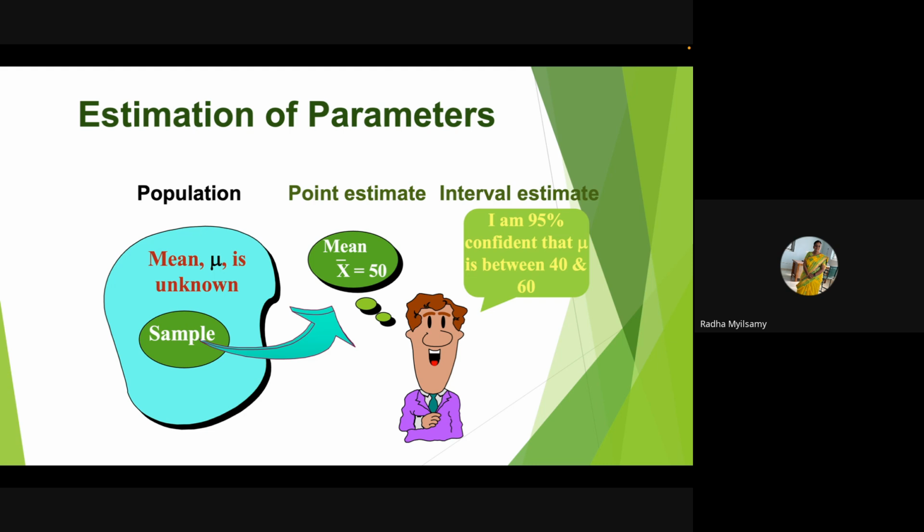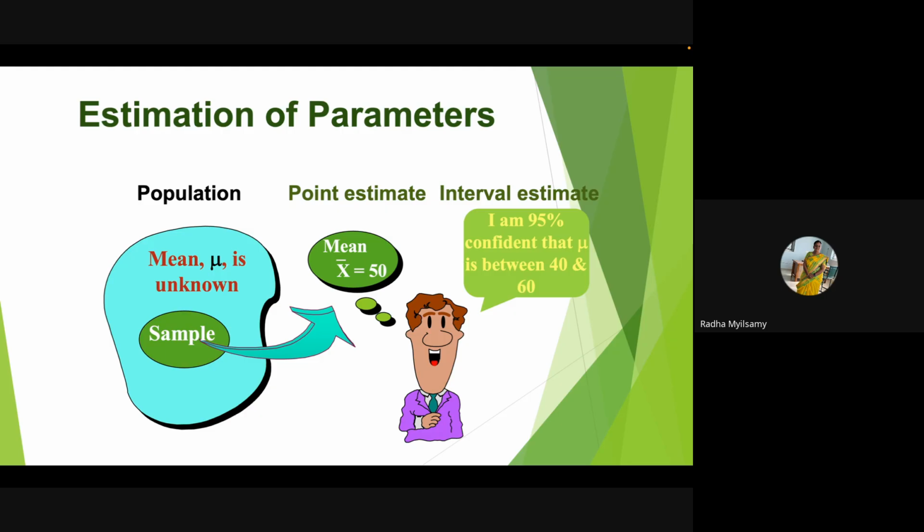For example, if the sample mean x bar is equal to 50, we may give the interpretation that the population mean mu is 50. If we give an interpretation like this, it is exact point estimation.